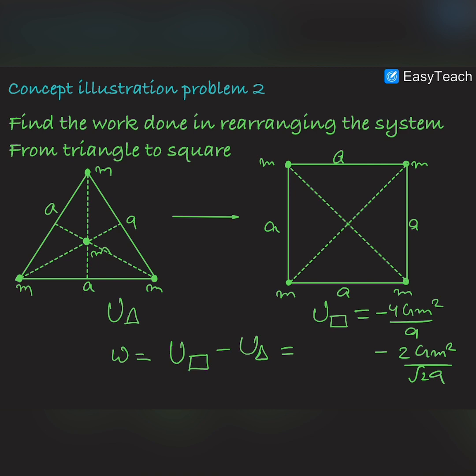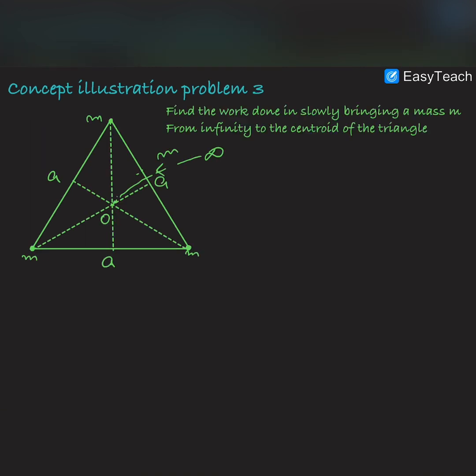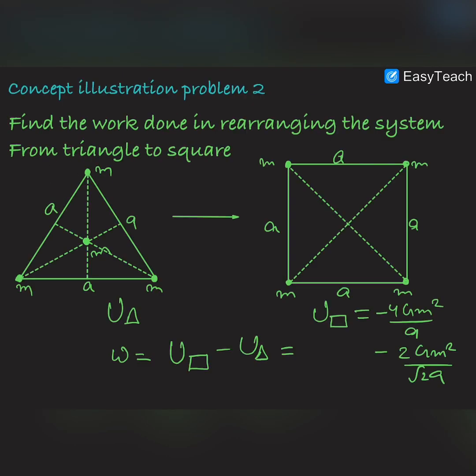Now, U square would be equal to minus 4 Gm square by a, and minus root 2 Gm square by a. And U of triangle would be equal to, there are also 6 pairs in this case, 1, 2, 3, 4, 5, 6.